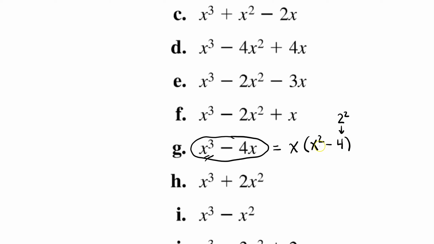So there's the difference of squares: x squared minus 2 squared. And so I can write this as x, which is this x here, times, and then I put x and 2 and x and 2, with a plus and a minus. And that's it.